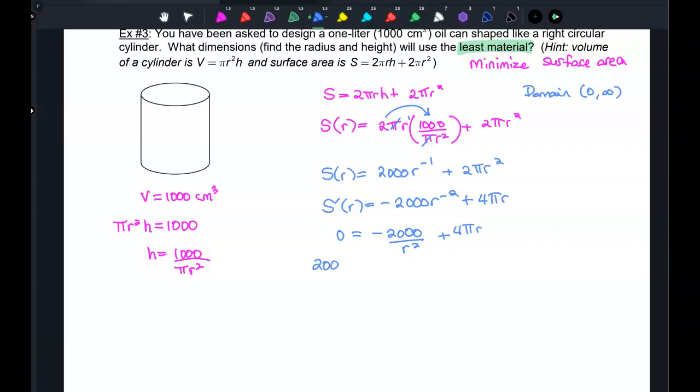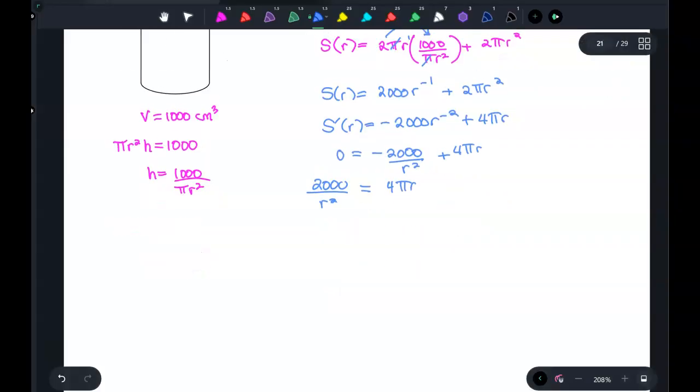From here, it's algebra. There's so many different ways I could solve this equation, right? I could factor out r to the negative 2, or 4r to the negative 2. R can't be 0, so we can just cross multiply here. And what do we get?